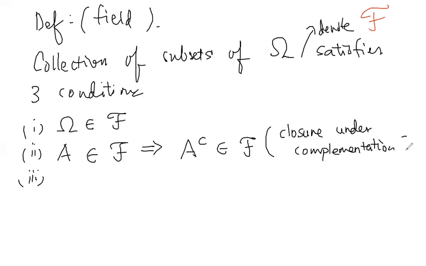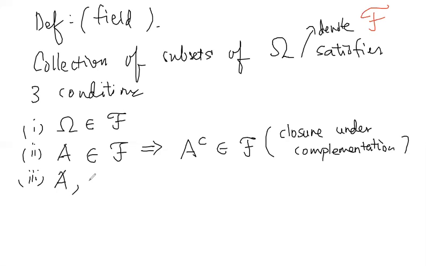If you have some set that is inside the field, then its complement is also inside the field. It doesn't go outside. In plain language, we say this is closure under complementation: it doesn't go outside of the field when you do complementation.